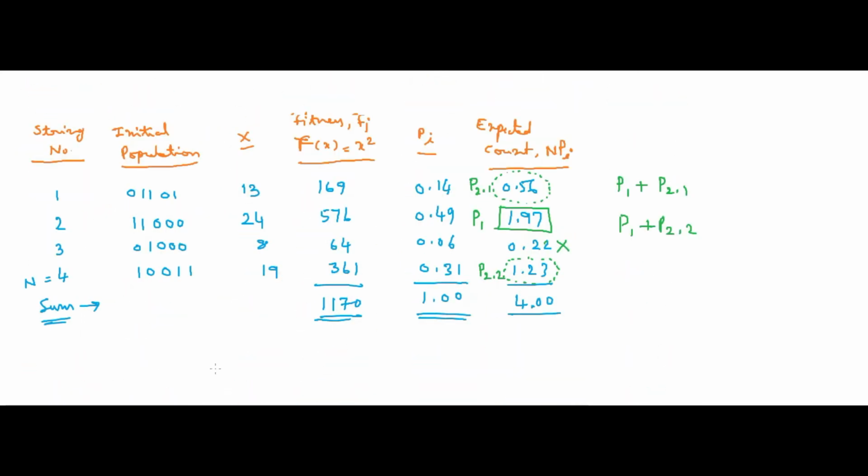I have simply taken the above thing, copied and pasted it here. As we have discussed, this part, the third one, will be completely deleted, and as we know, this is the first one and this is the second one.